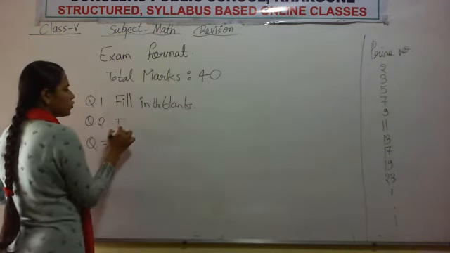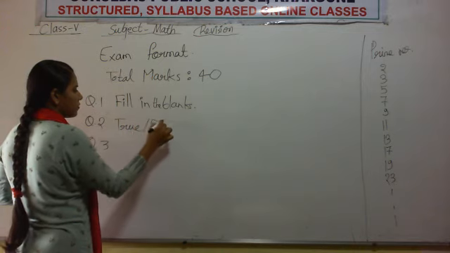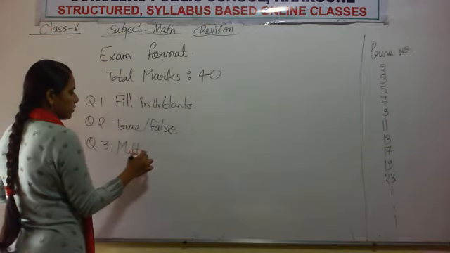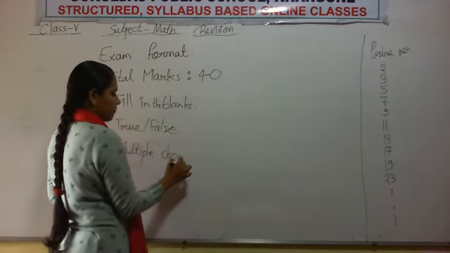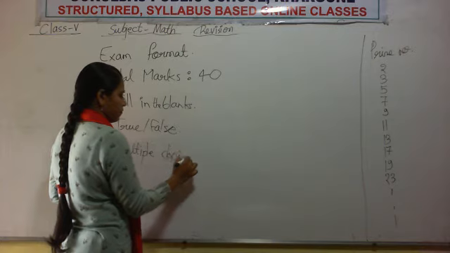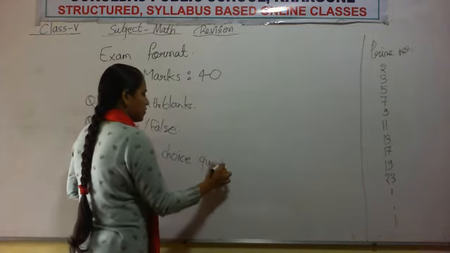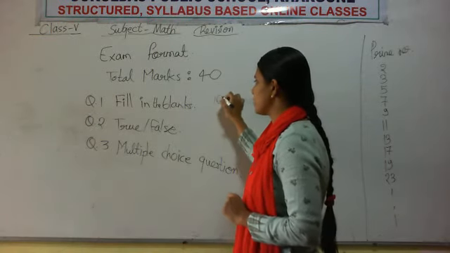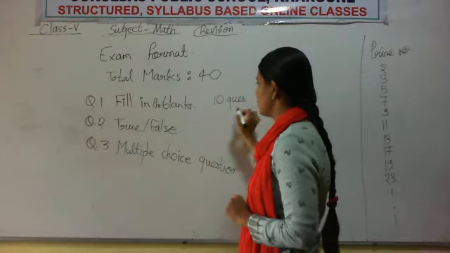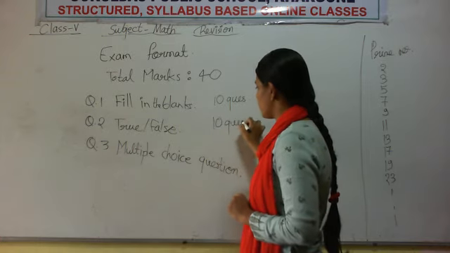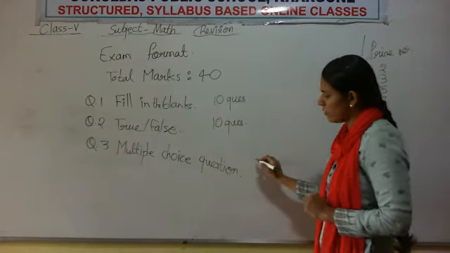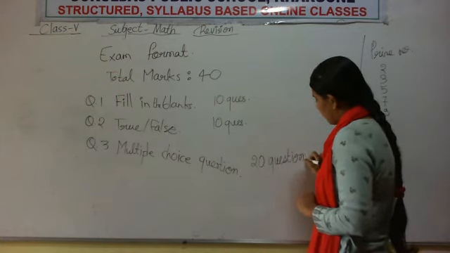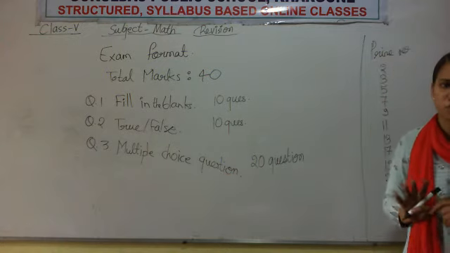Question 2 will be true and false. And question 3 will be multiple choice questions. In question number 1, 10 questions will be there. For true false also 10 questions will be there, and for multiple choice questions 20 questions will be there. These 20 questions will have 4 options.